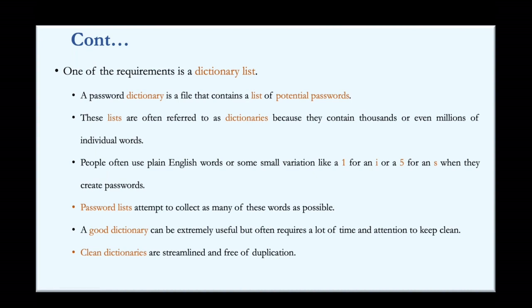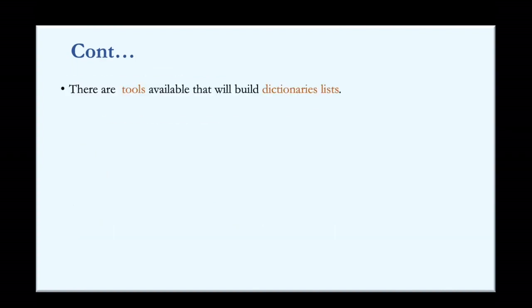The folks at Kali have already included a few wordlists to use on the Kali Linux machine. These dictionaries can be found in the usr directory, under the share directory, in the wordlists directory.